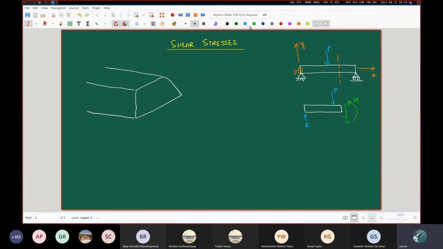And what we are saying is that we have this force V appearing here and this bending moment M. The origin behind this V is sigma xy or tau xy. Now, for the sake of clarity, I will just remove this M, otherwise it's going to be a completely cluttered picture.